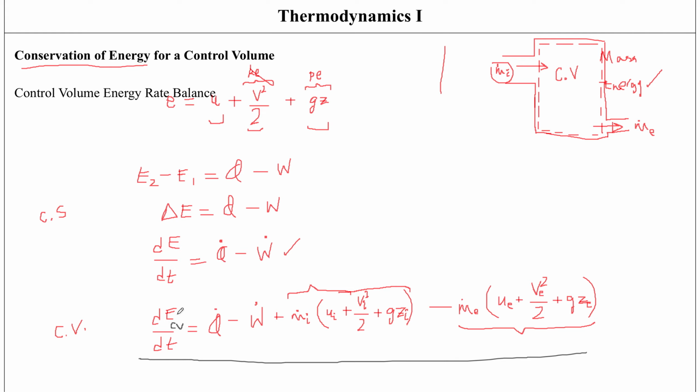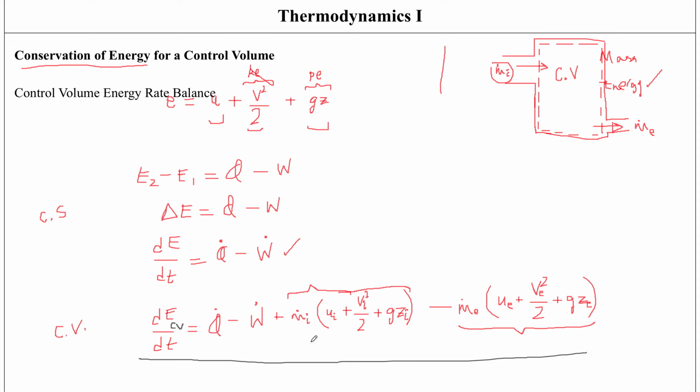Time rate of change of energy contained within the control volume at time t is equal to the net rate of heat transfer energy at time t, minus the net rate of work transfer, plus the net rate of energy transfer into the control volume accompanying the mass flow. Because net rate is the incoming rate minus the outgoing rate. So this entire equation is the conservation of energy principle.